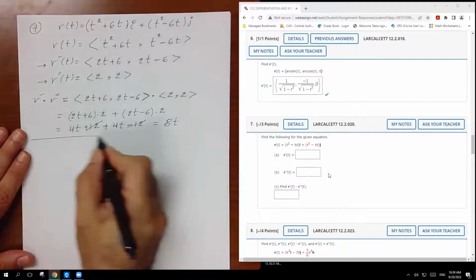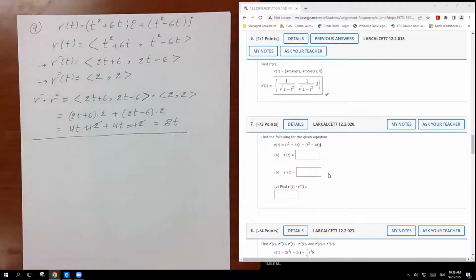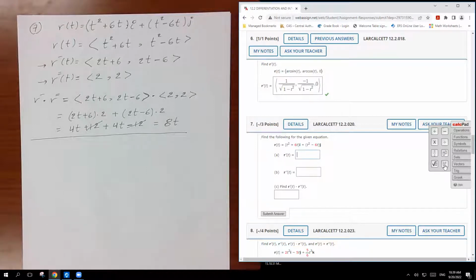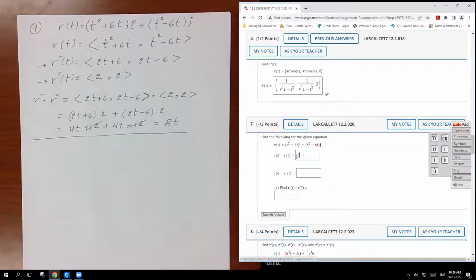So that's it for this example. So we're just going to type here, the dot product is 8t, and here is going to be 2t + 6, comma 2t - 6.